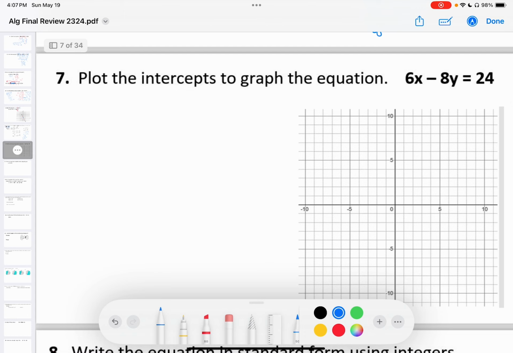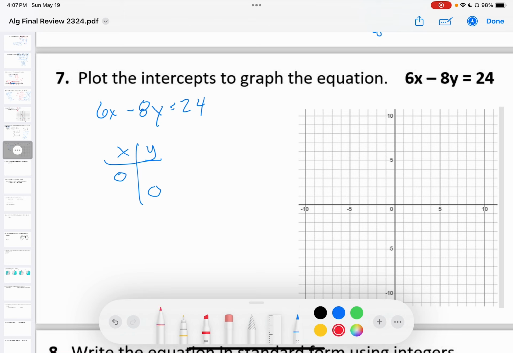Plot the intercepts to graph the equation. 6x minus 8y equals 24. Again, what I need here is the y value when x is 0 and the x value when y is 0.